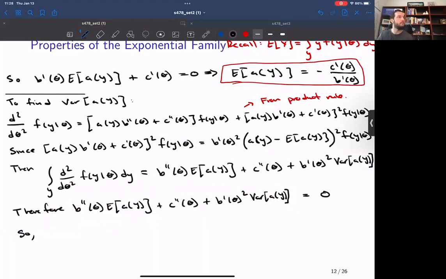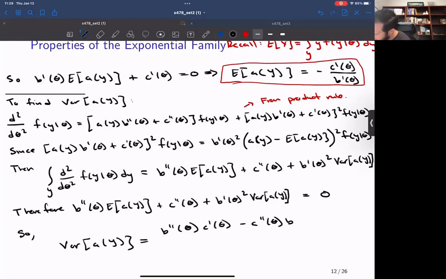So rearranging, the variance of a of y is equal to b double prime theta multiplied by c prime theta minus c double prime theta times b prime theta, divided by b prime theta cubed.